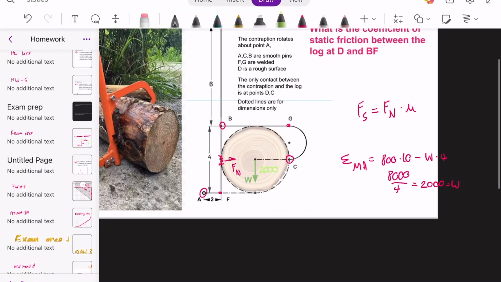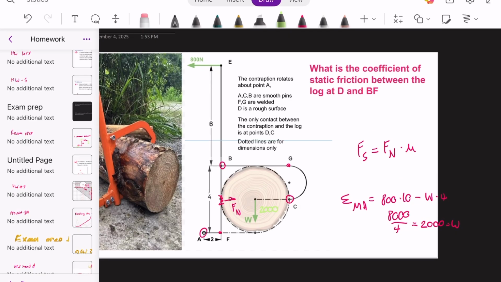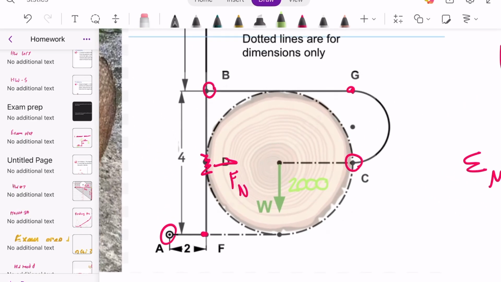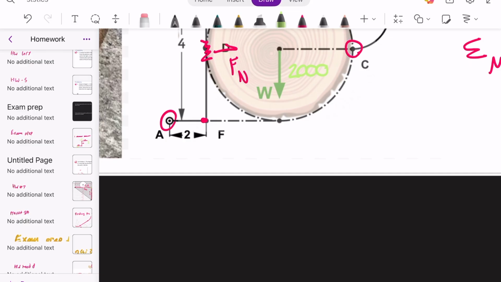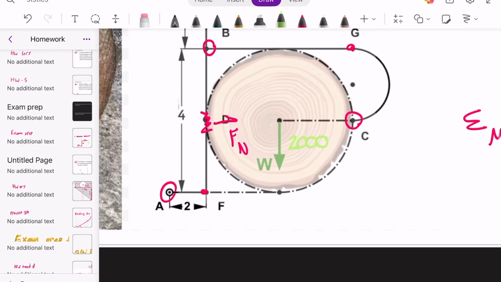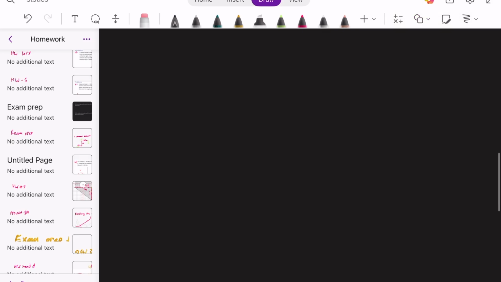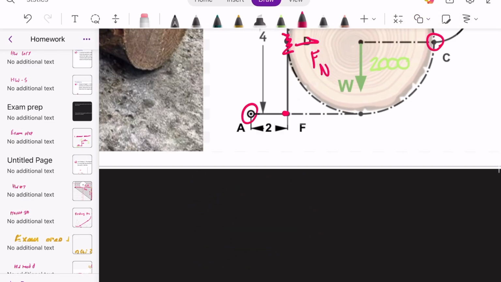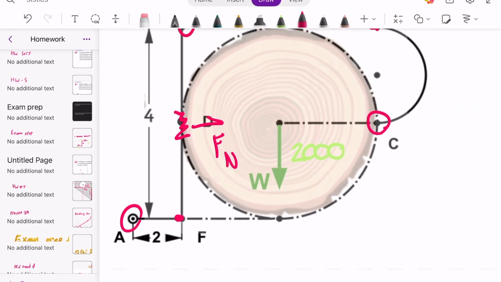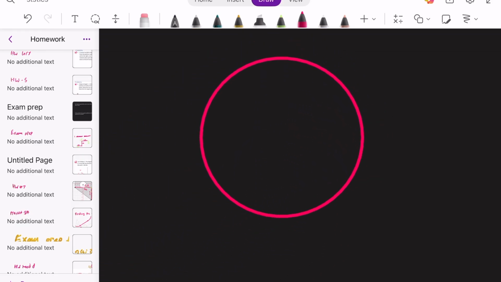All right. And we are looking at a frame here, so we are going to want to use the method of members to analyze this frame. So to start with that, let's decide on our first member. I think it should be the log itself, because we can tell one of the reaction forces is the force we're looking for. So let's draw those in.